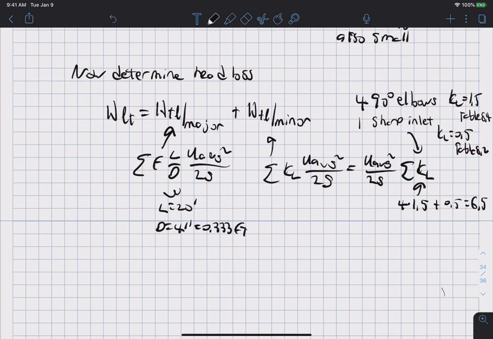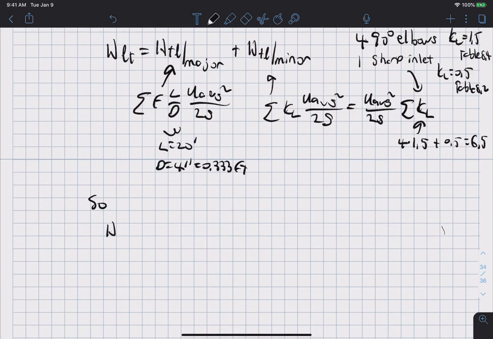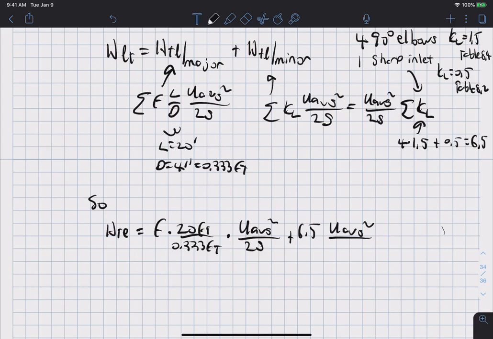So we know L over D. We don't know the average velocity squared, and we don't know F, so we need to find F. The total head loss is equal to F times 20 feet over 0.333 feet times the average velocity squared over 2g, plus 6.5, the sum of all the loss coefficients, times U averaged squared over 2g.